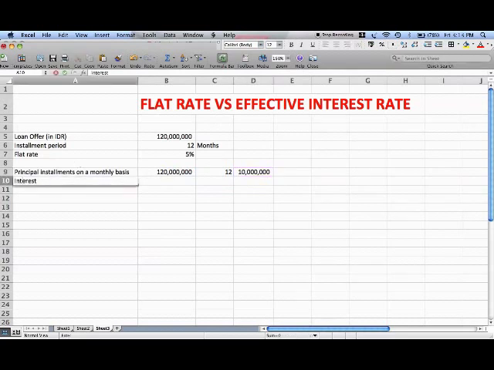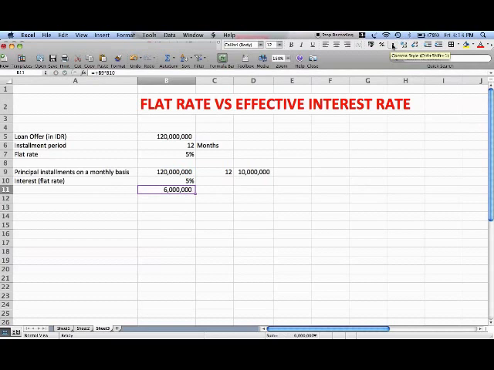And then for the interest flat rate, you have to pay 5%. So it's 5% times 120 million, so you have to pay 6 million, and then divided by 12 months.